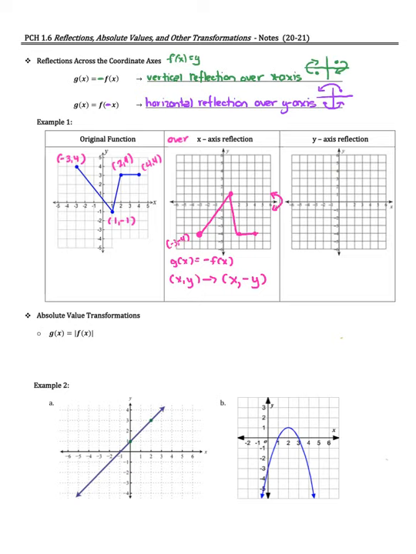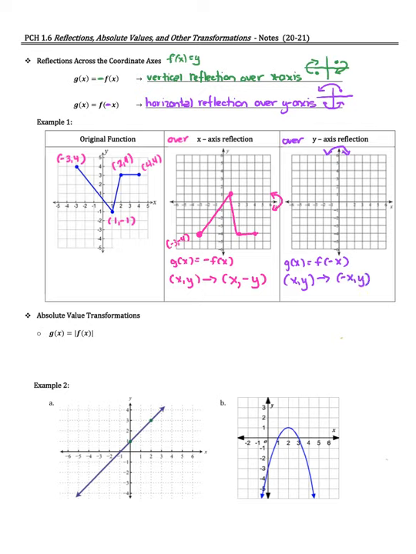If I want to do a horizontal reflection, so this one is going to be over the y-axis, then again, the rule is g of x equals f of negative x. As a rule, x, y is now going to become the opposite of x, y.